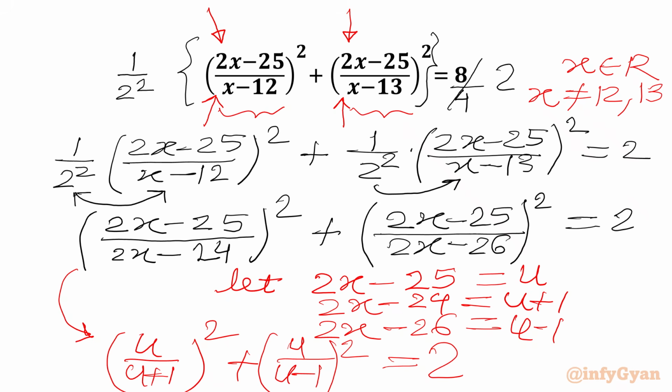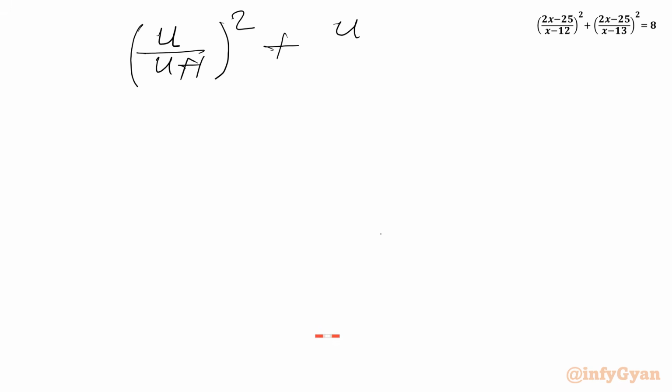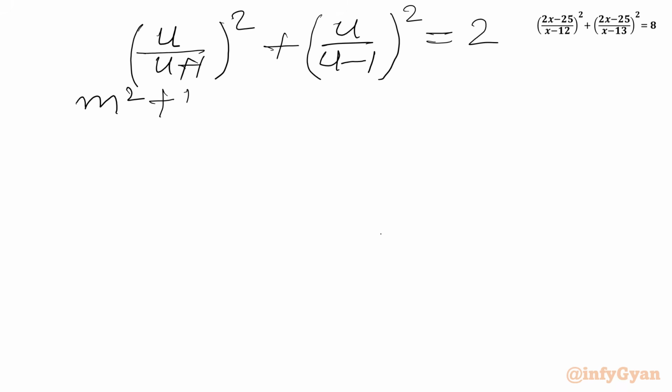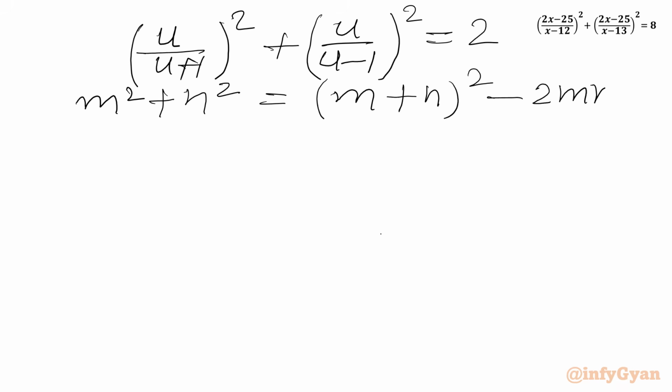Now we have one algebraic formula over here which we are going to use. Let me write the equation once: u over u plus 1 whole square plus u over u minus 1 whole square equal to 2. Now the formula is m square plus n square can be written in perfect square form m plus n whole square minus twice of mn.